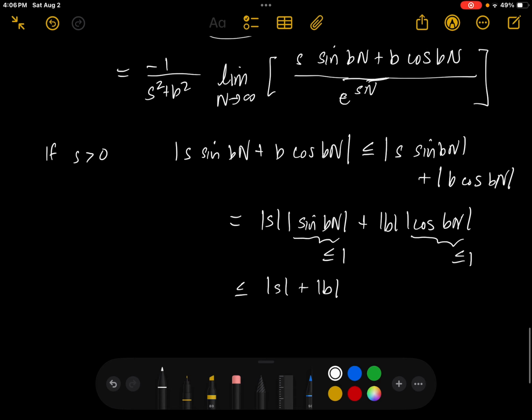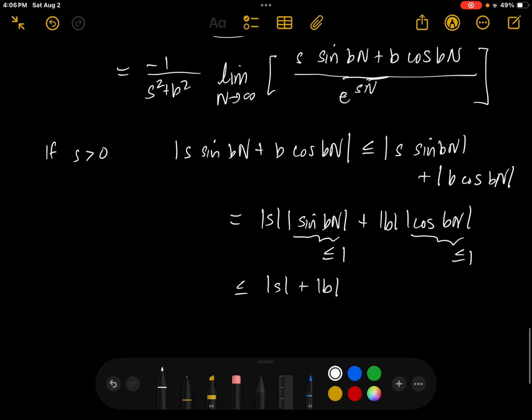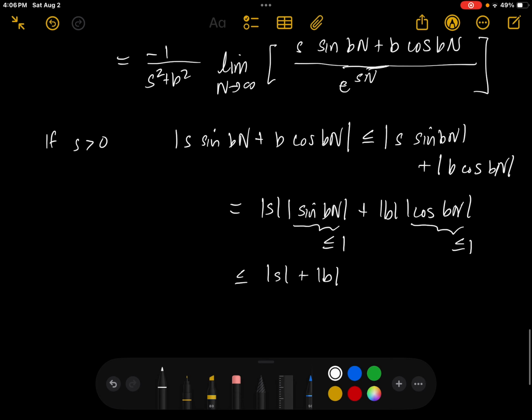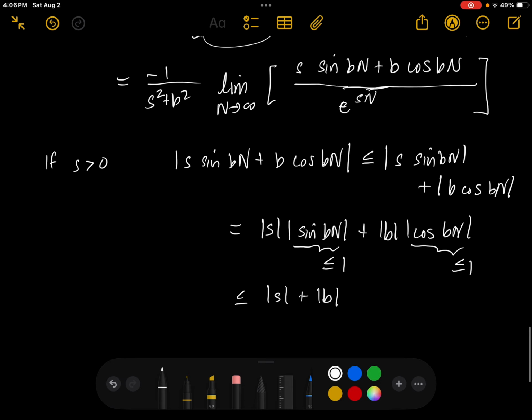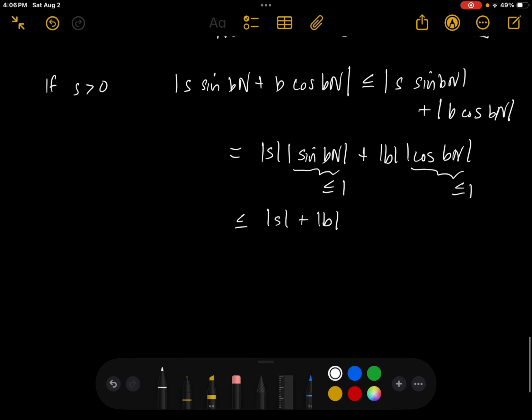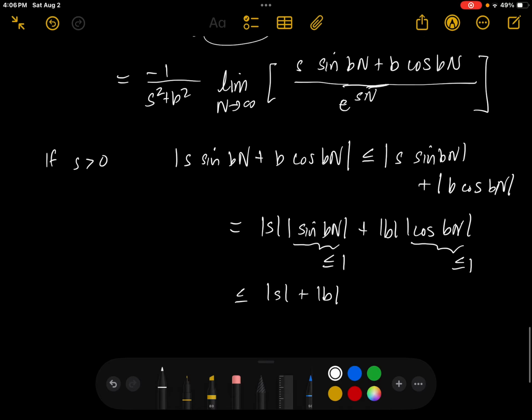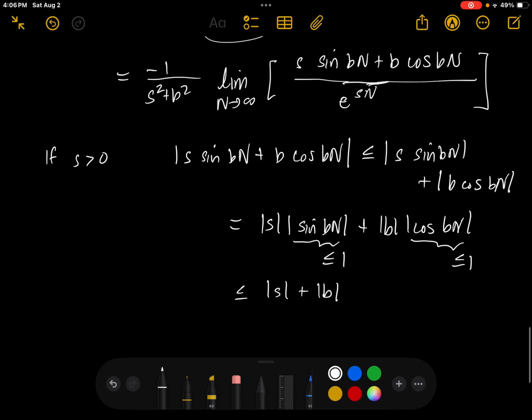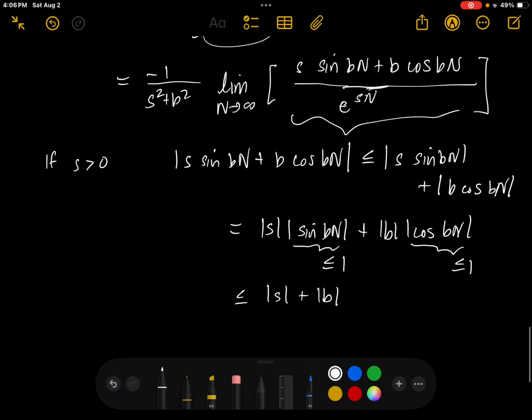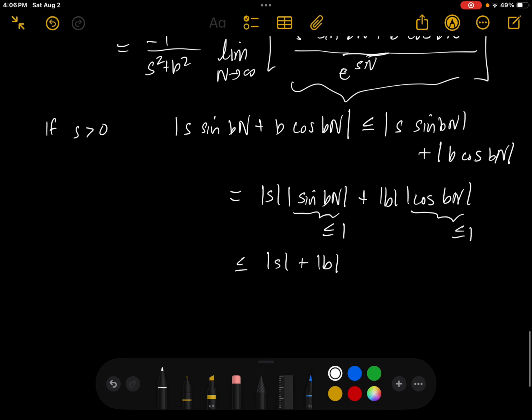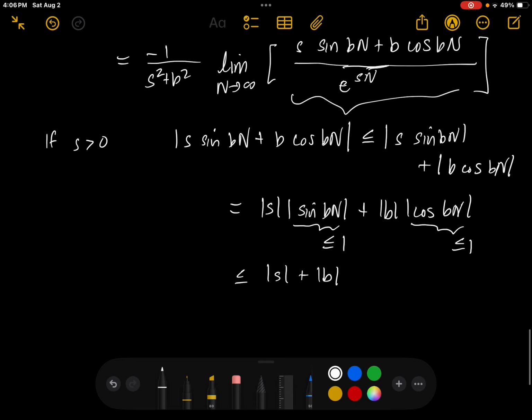One way to write this in more detail, if that's not clear, is this: we're trying to explain why, if s is greater than 0, this limit is going to be 0.